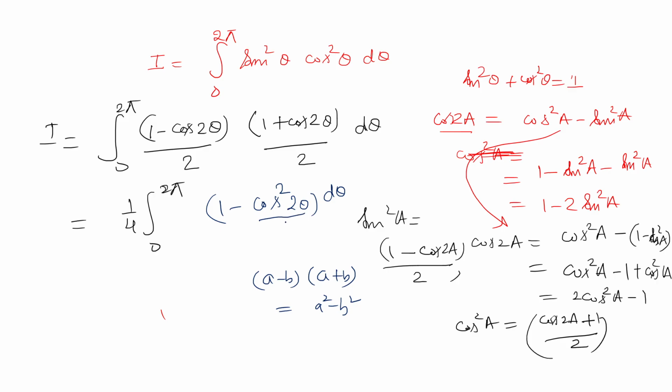Here the angle is not θ, it's 2θ. If you replace it, you get 1 by 4, integral from 0 to 2π, 1 minus cos²2θ dθ, right?